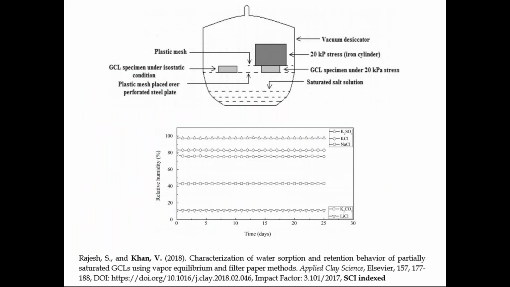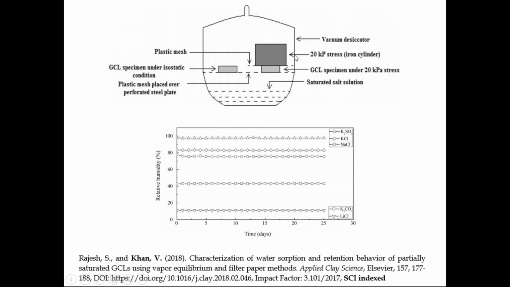After that, the specimen was placed on a hanging platform over the salt solution. Here two conditions were considered. One condition is a specimen under free swell condition, and the other is a specimen under stress condition.